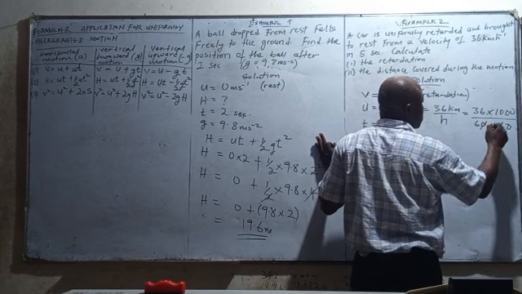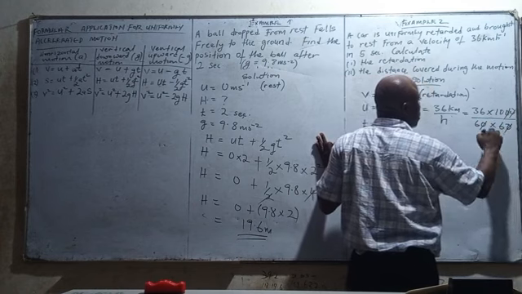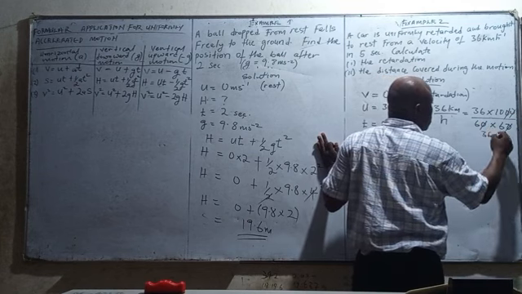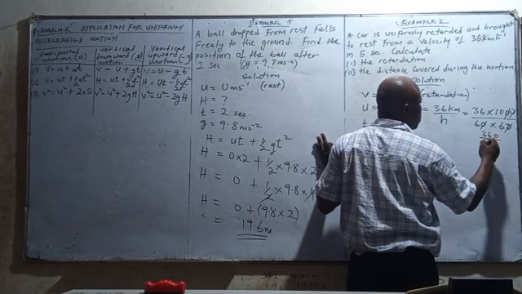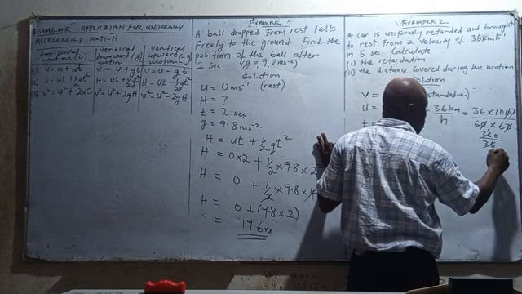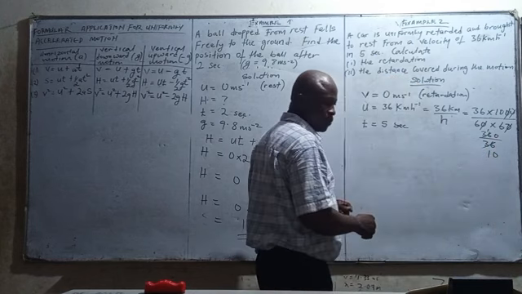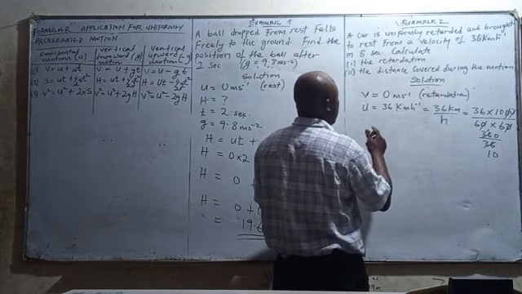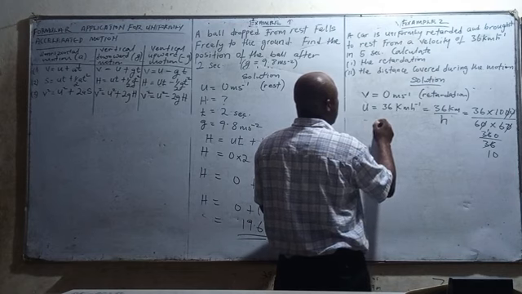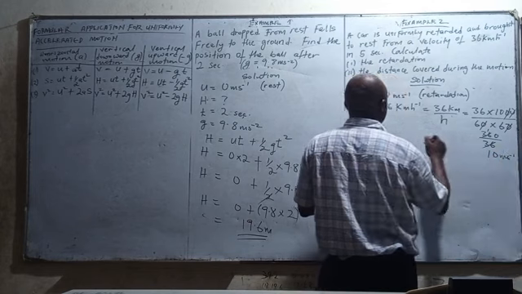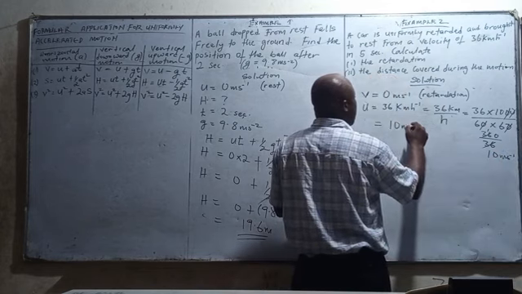So when you resolve this, the 2 0 cancel 2 0 up, you are left with 360 over 36. If the 6 cancels, you are left with 1, and our answer is 10. So in other words, u is 10 meter per second.